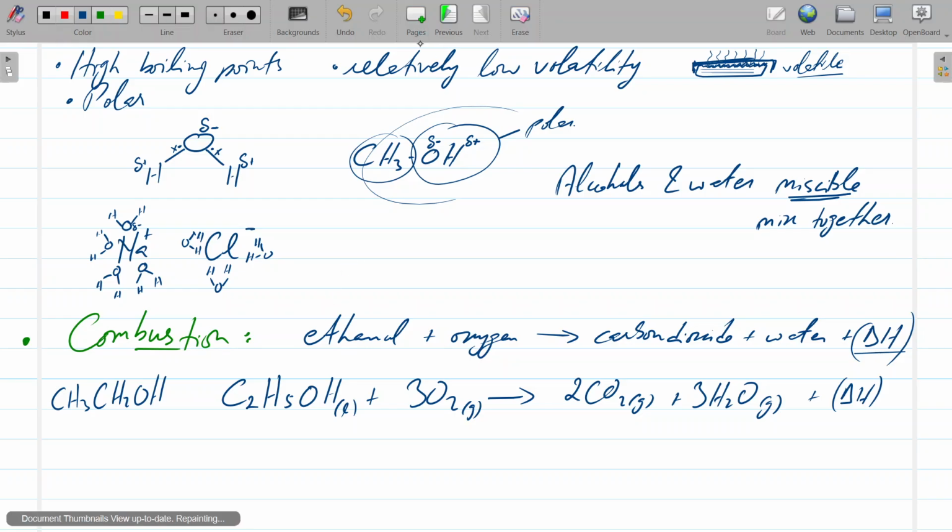Okay. The other thing we have is oxidation, right? So oxidation, remember, reduction, oxidation, right? Oxidation is about the loss of electrons, or the loss of hydrogen, right?